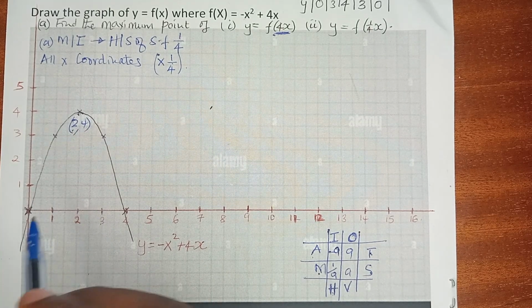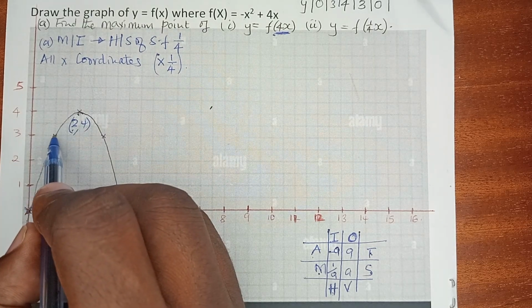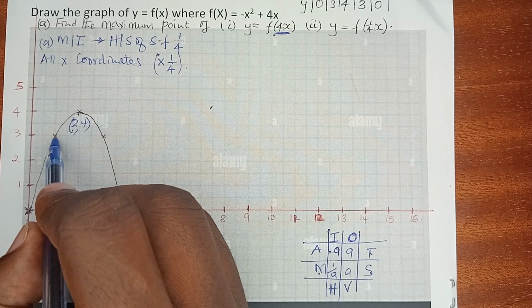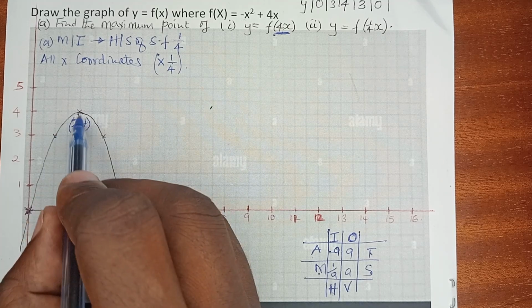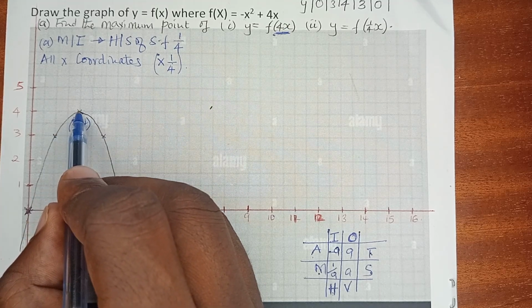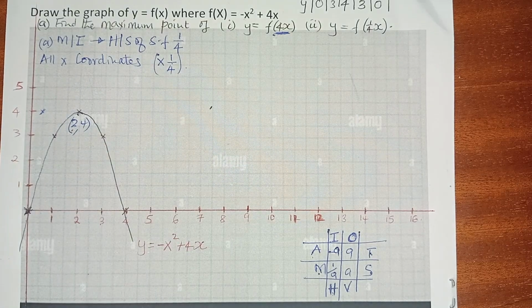Every x value is multiplied by a quarter: 0 times a quarter is 0, and 2 times a quarter is basically a half.